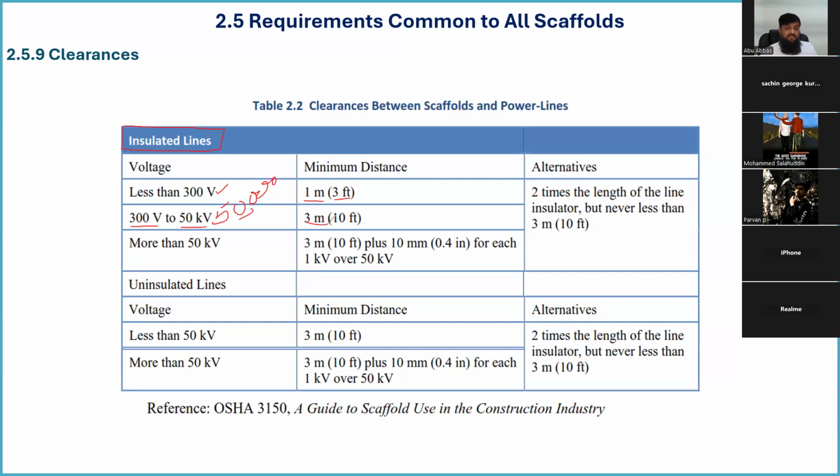Minimum distance, at least 3 meter, what we call 10 feet. If they are more than 50 kV, 10 feet at least, plus 10 mm for 0.4 inches.